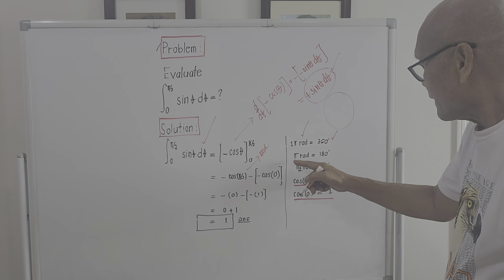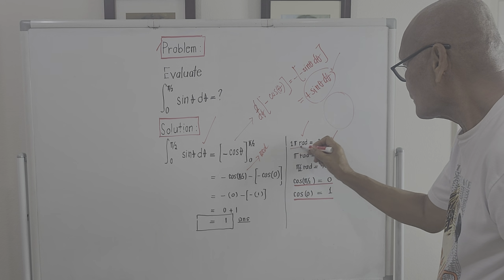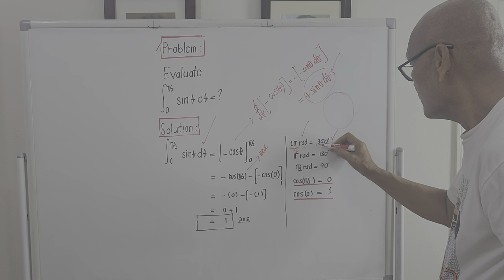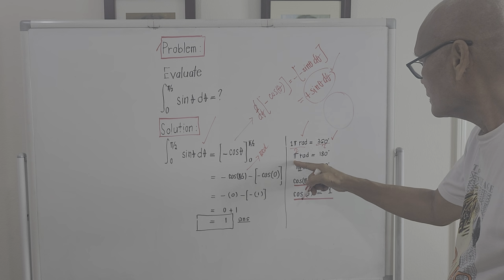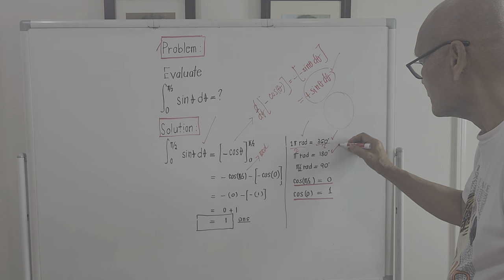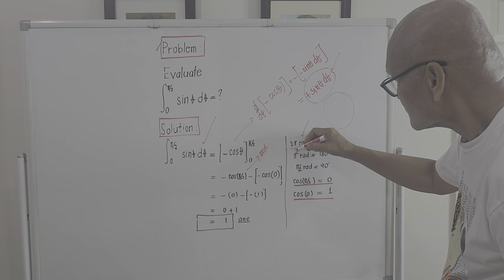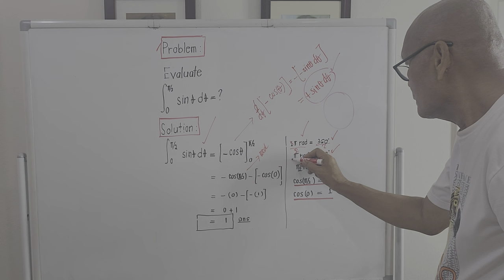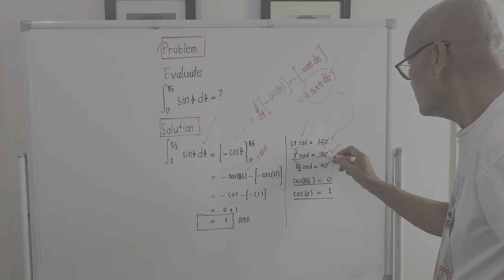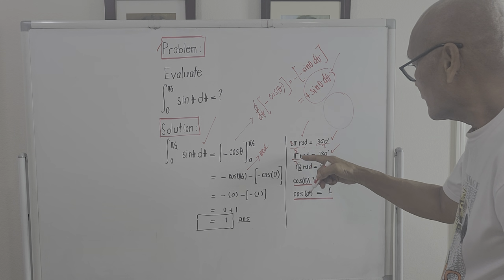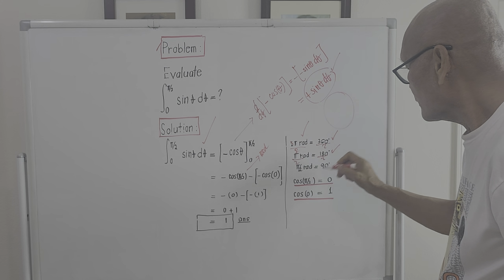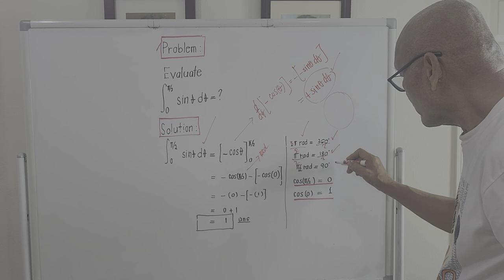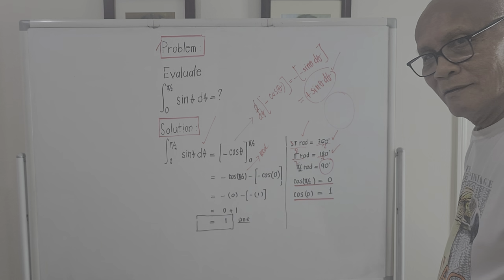Pi radians, if we divide this by 2, pi radians now will be 180 degrees. Again, if we divide again pi radians by 2, pi over 2 radians now is 180 over 2, and that will be 90 degrees.